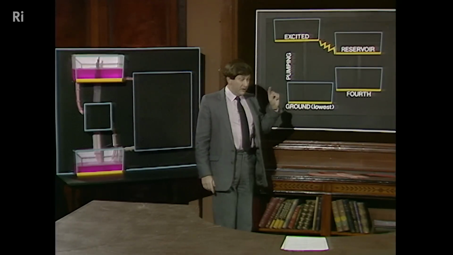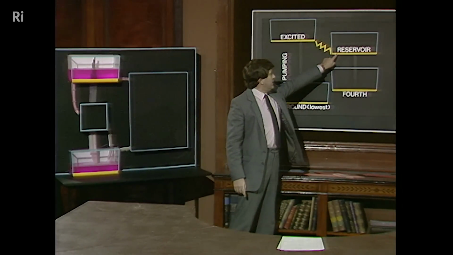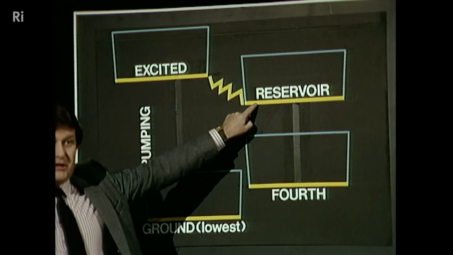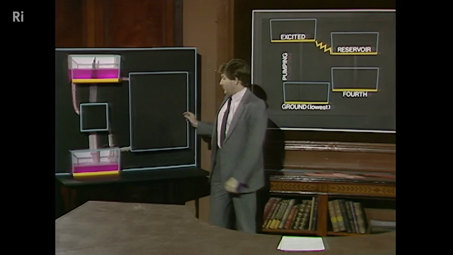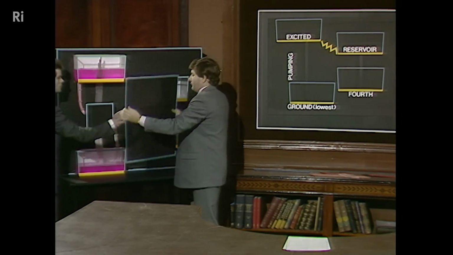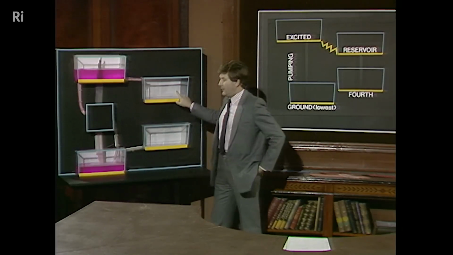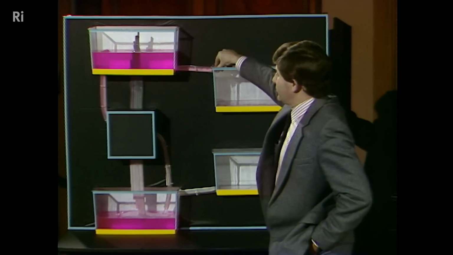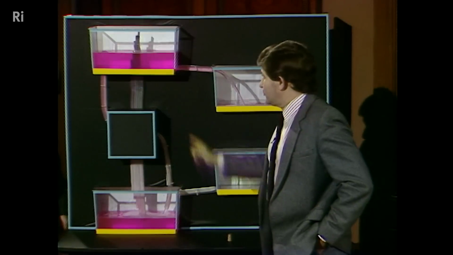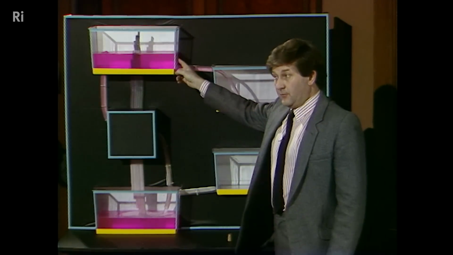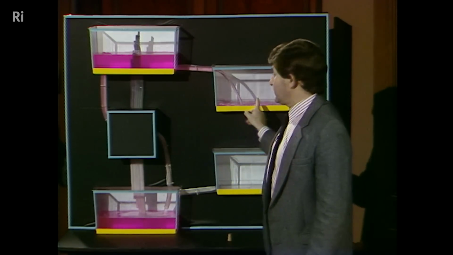What we need, really, if we look at this diagram, is a third level. We need what's called a reservoir level, and we have on our model here a reservoir level, there. And if I open this stopcock here, we can drain off some of this level into that.